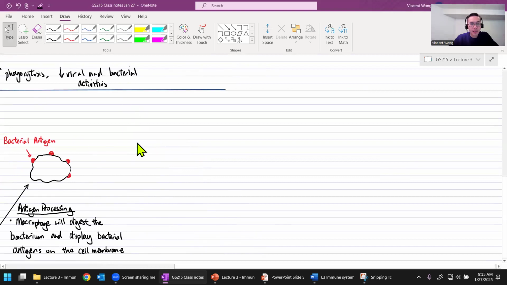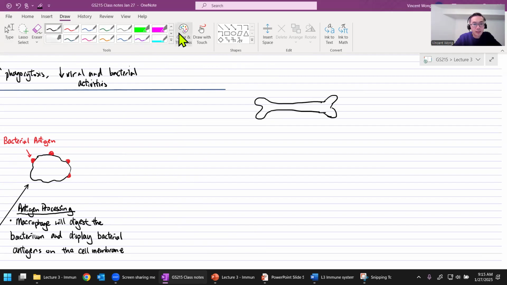Okay, leave some space, maybe like 4 finger space, and we will go ahead and draw something else here, and then we'll connect the two pictures. Okay. So here, that is the bone marrow.